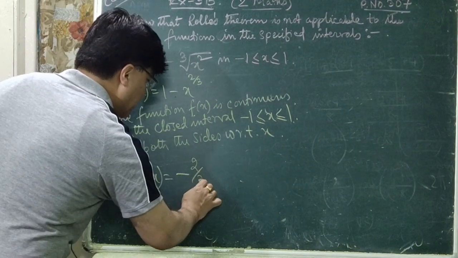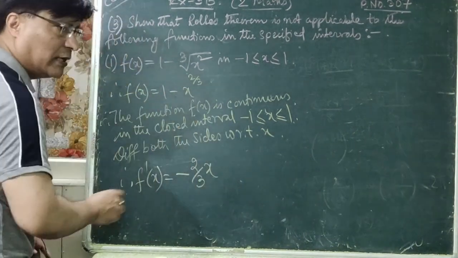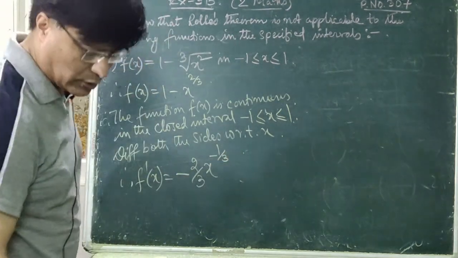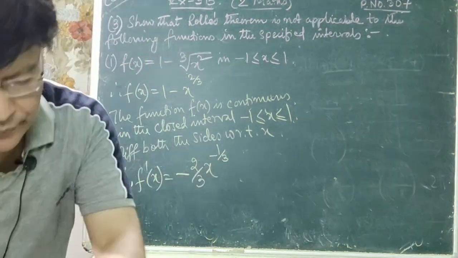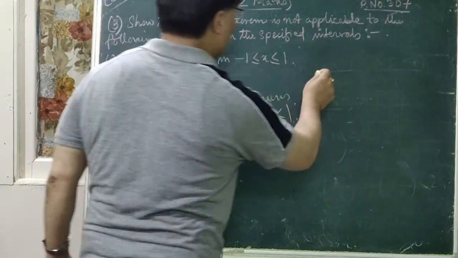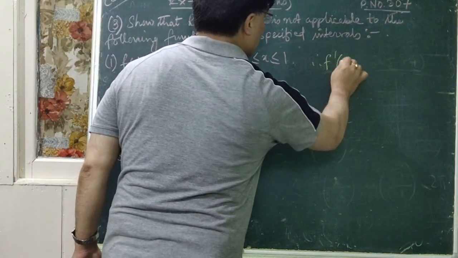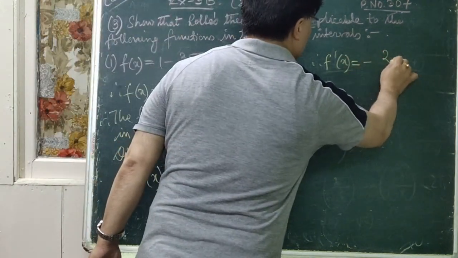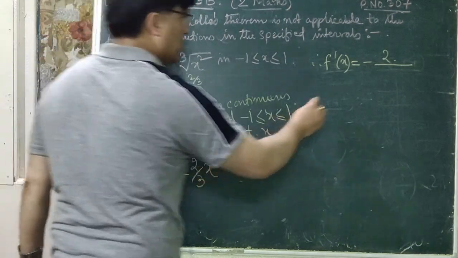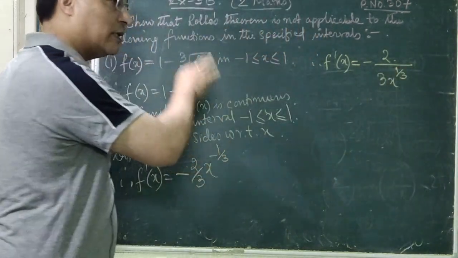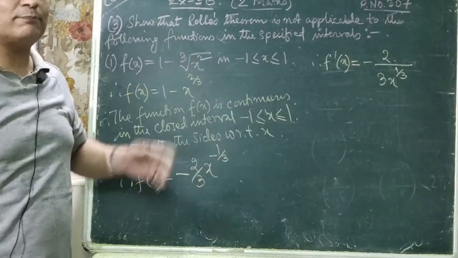Minus 2 by 3 becomes the coefficient, x to the power, decrease the power by 1, that is minus 1/3, right? So f dash of x is equal to minus 2 upon 3 into x to the power 1/3. So x to the power minus 1/3 is taken to the denominator to make it positive.